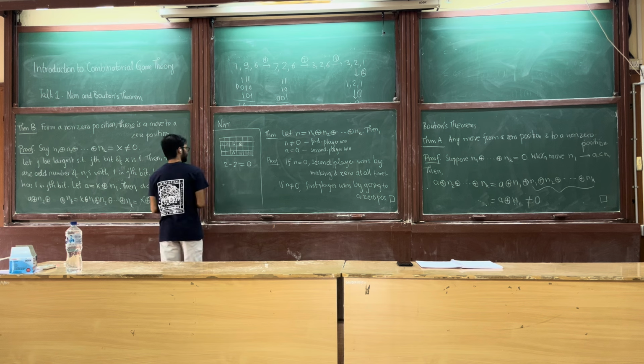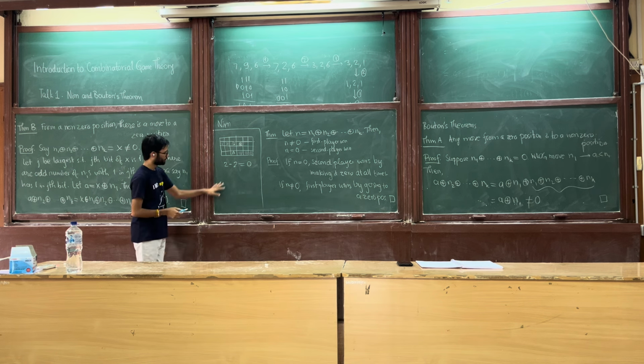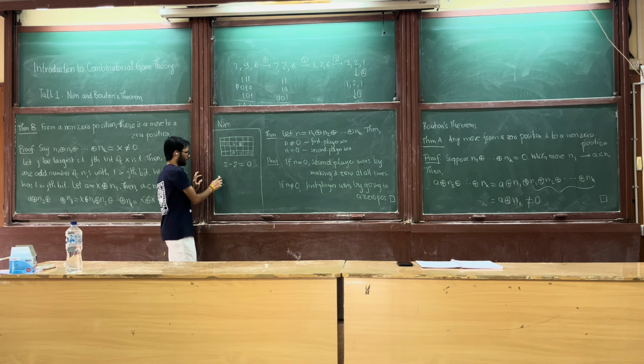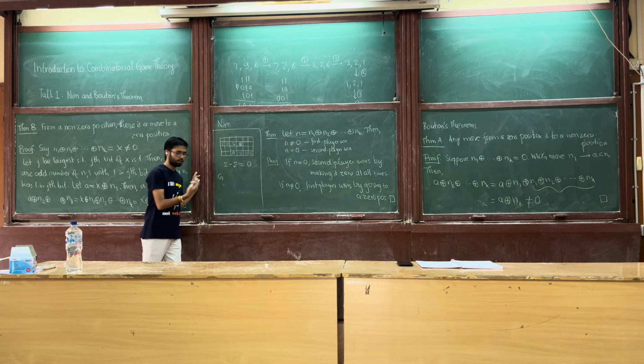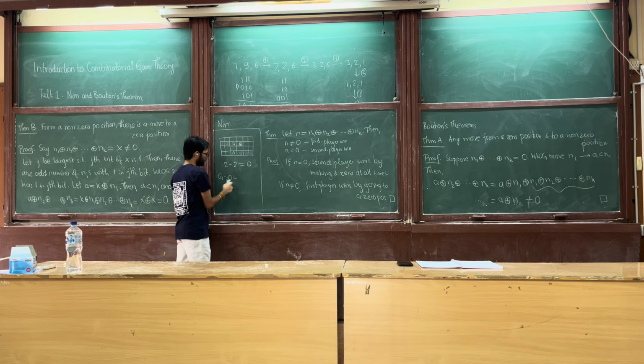So to continue, let me write down something here. Let's say we have a certain position in this game, and it has a value g. Then what we have seen so far is that if g is bigger than 0, then A wins.